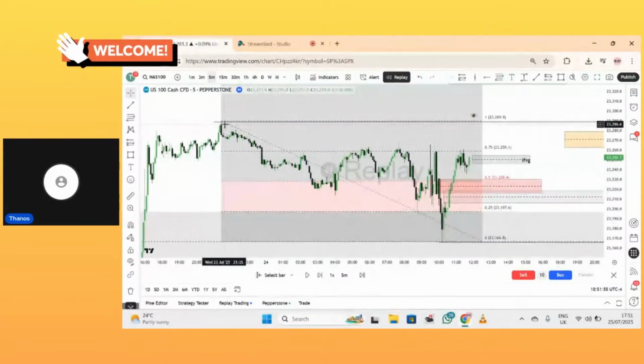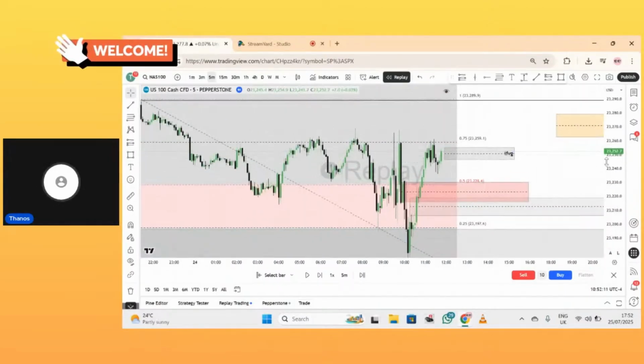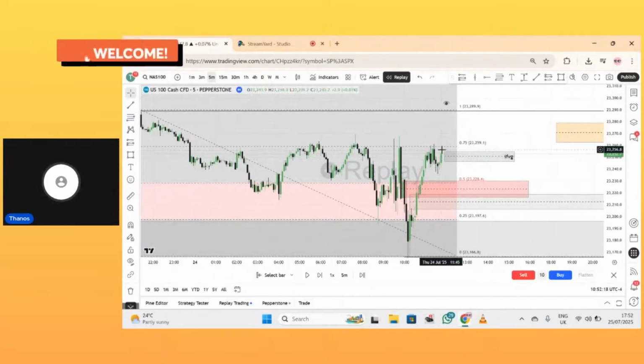If your breaker forms below 50% of your dealing range, let's say the dealing range is where your target is to where your market hit a higher time frame PDRA, where you expect it to start turning. So if I have my fib like this and I can see my breaker is below the 50% mark, I am expecting price to at least retrace down to below 50% in order for me to enter this buy market here.